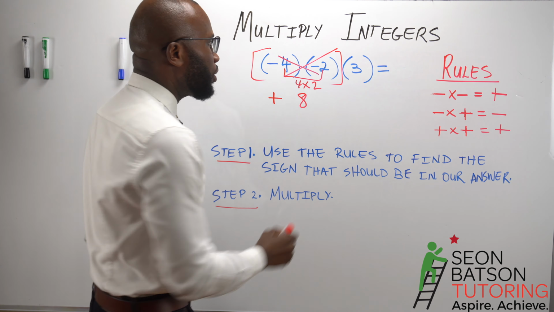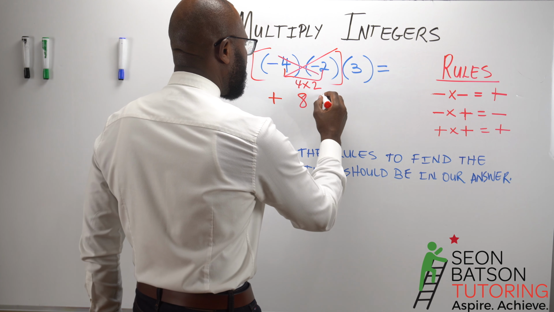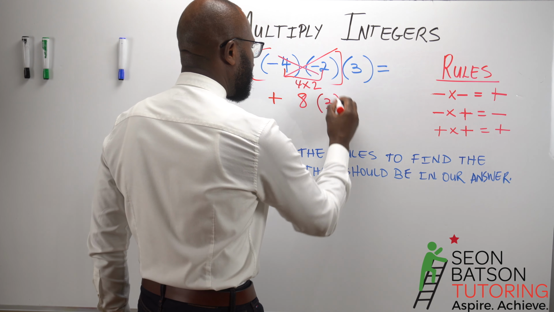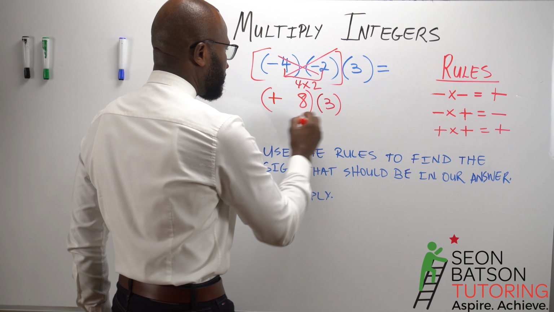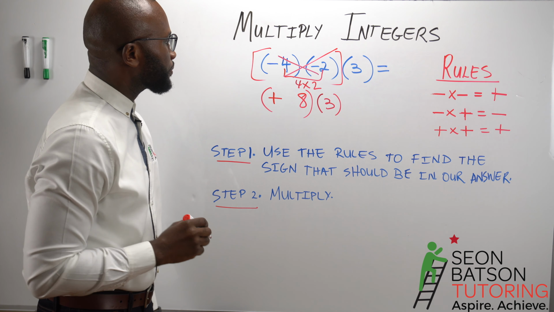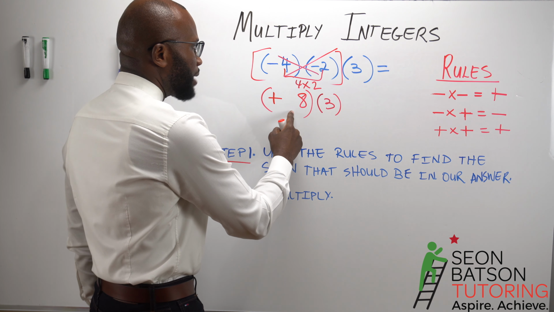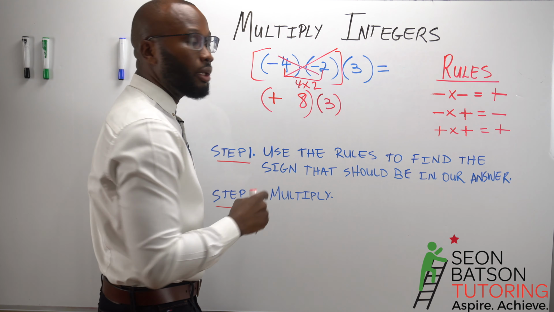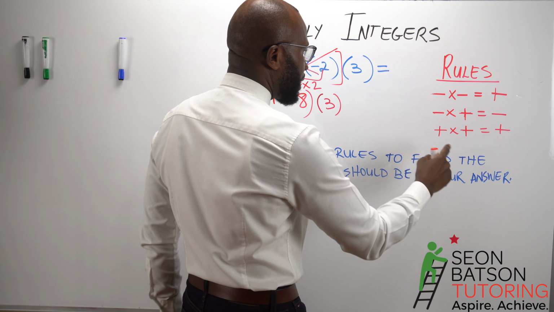Now we have a positive 3 left. So we put a positive 3 right there. If you want to, you can put the parentheses as well. So now we are multiplying what? Positive 8 times a positive 3. We're multiplying a positive by a positive.